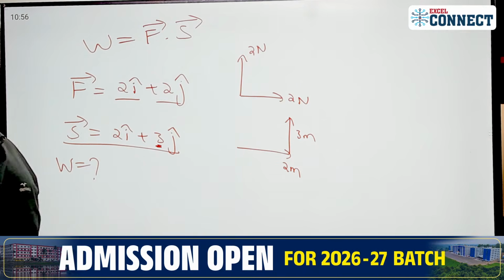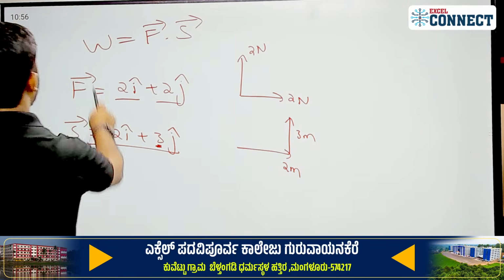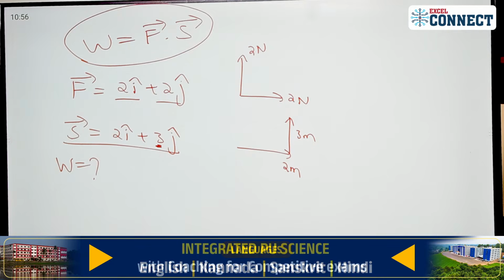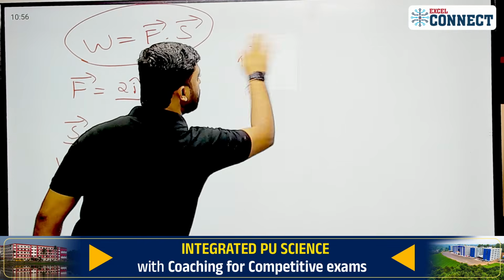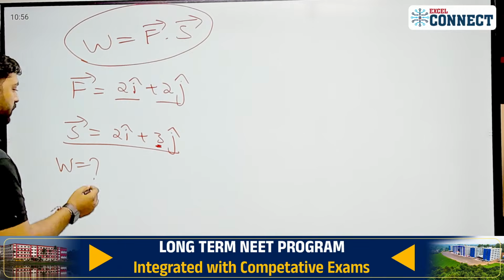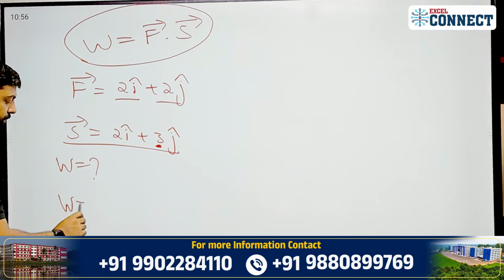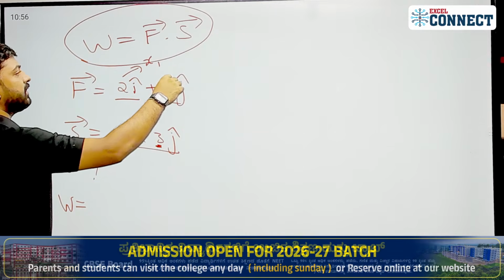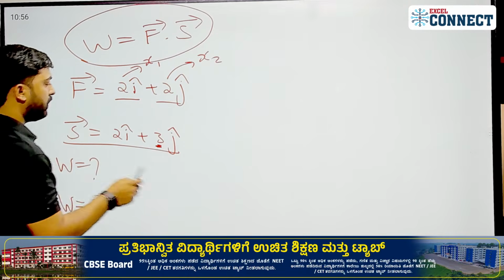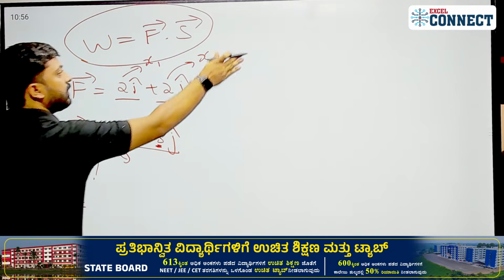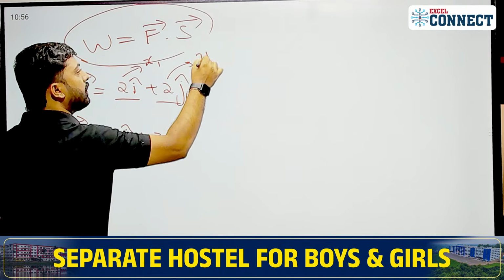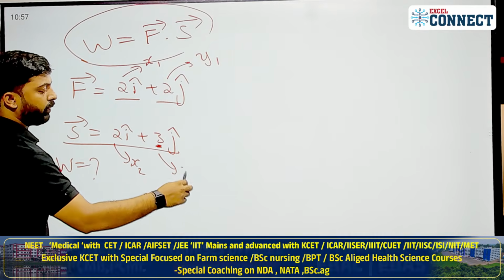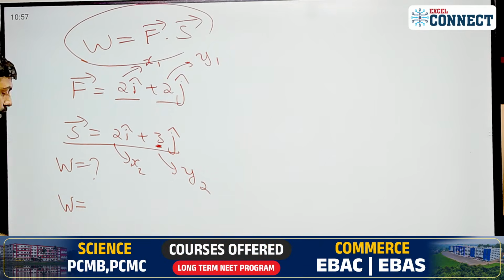So which multiplication do we have to do? We are going for the dot product. Work done is calculated by the dot product. Here the coordinates are given. If this is x1, this is y1, this is x2, this is y2, how do we do the dot product?